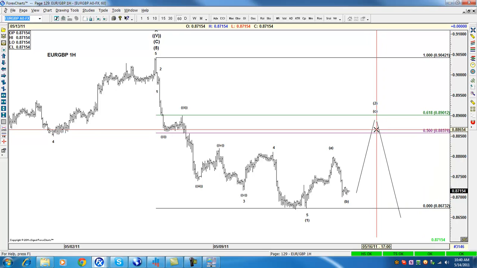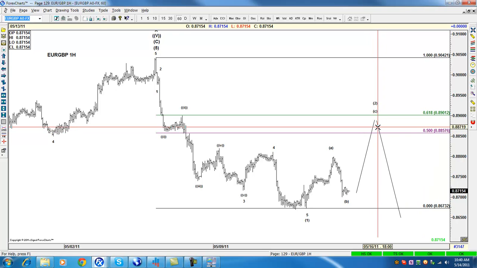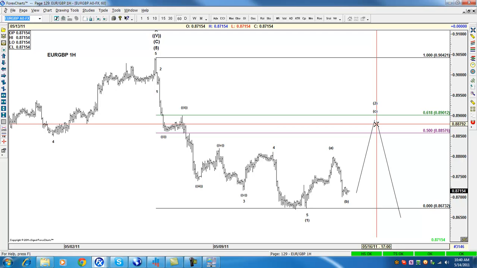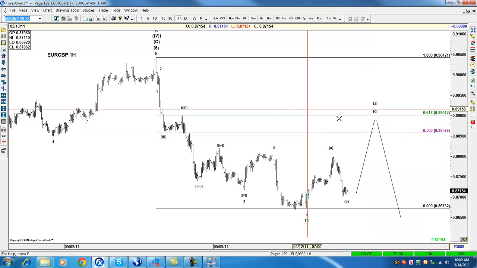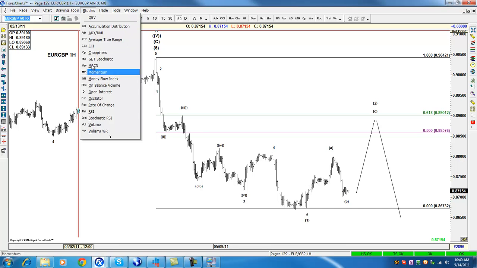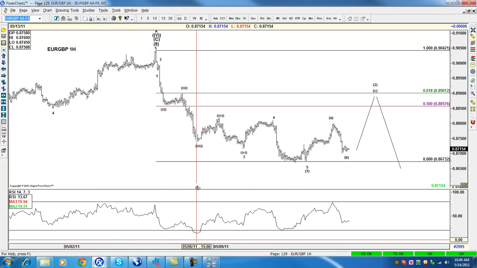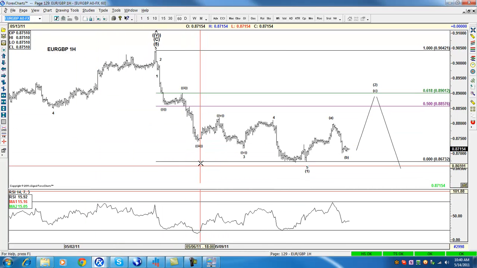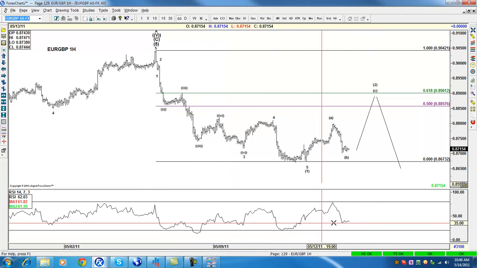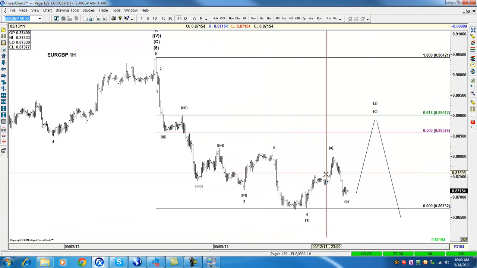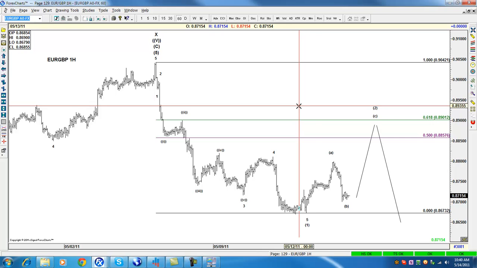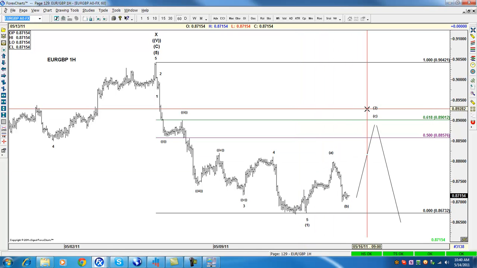So technically it should end around 85.76. This telling me that the euro should get strong, and we got a nice divergency. Look, same here, which is the wave 303. We got divergency already, so it's very possible. It's very possible that we get a pullback that we were waiting for.